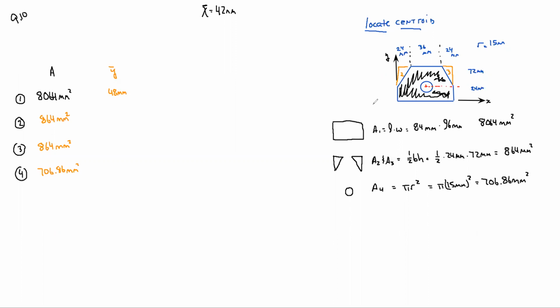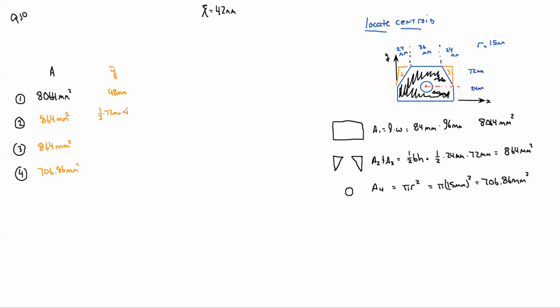For the triangle, so for triangle 2, it's 1/3 the height of the triangle. So 1/3 times 72 millimeters plus the distance from the x-axis till you get to the triangle.